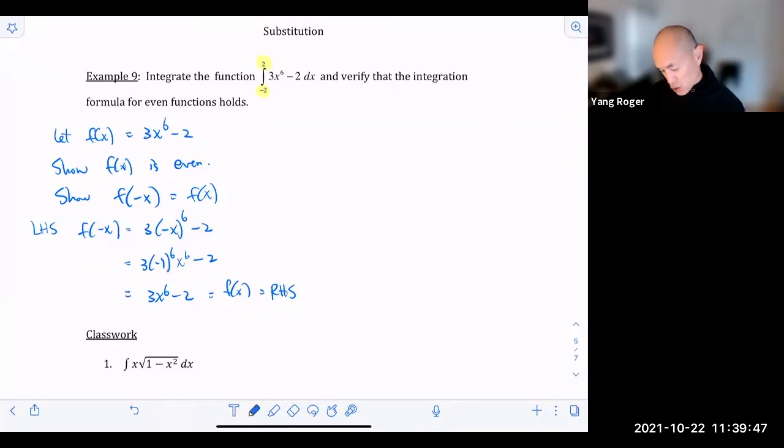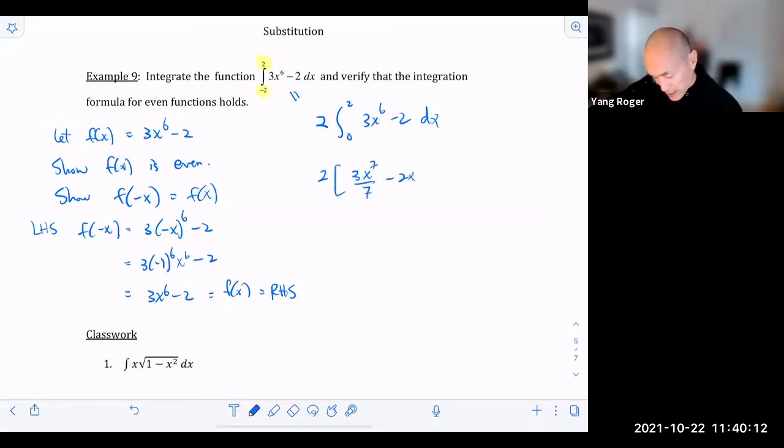So what this tells me is that this integral is just 2 times the integral from 0 to 2 of 3x to the 6 minus 2 dx. Now I just find the antiderivative. This is 2 times 3x to the 7th over 7 minus 2x, and we're going to evaluate that from 0 to 2.